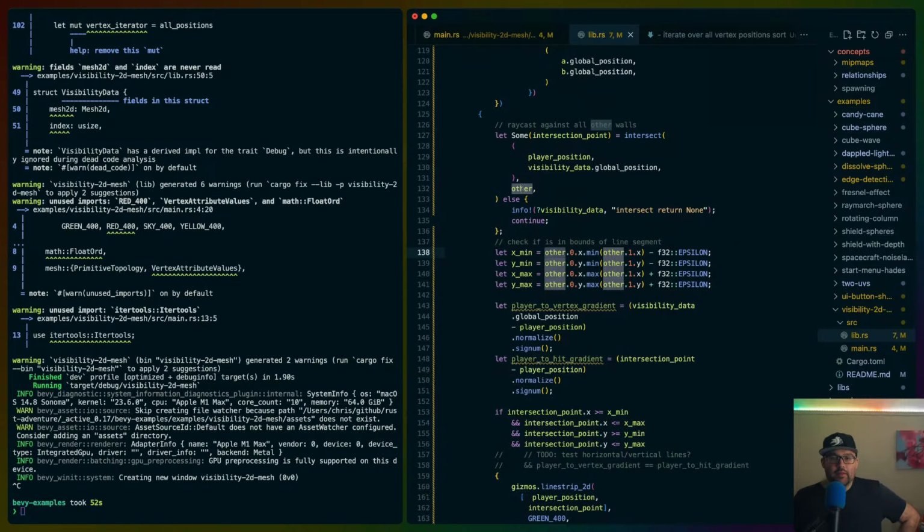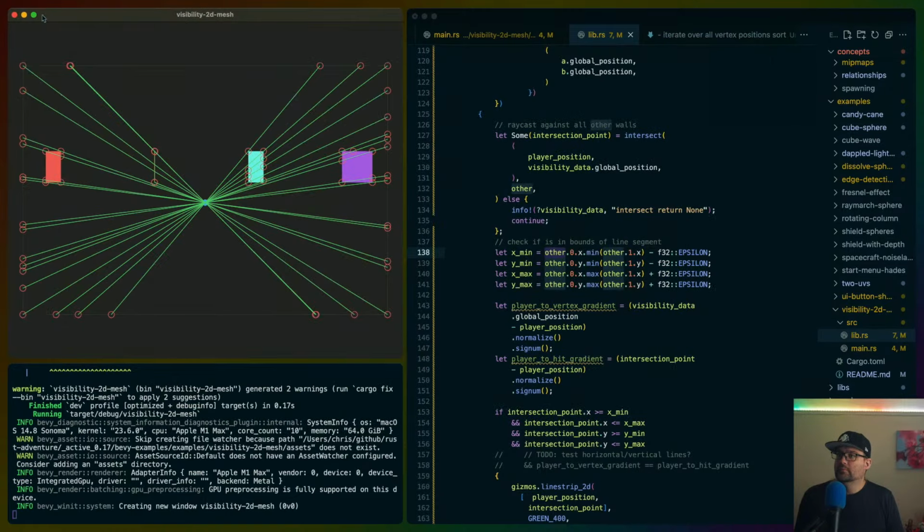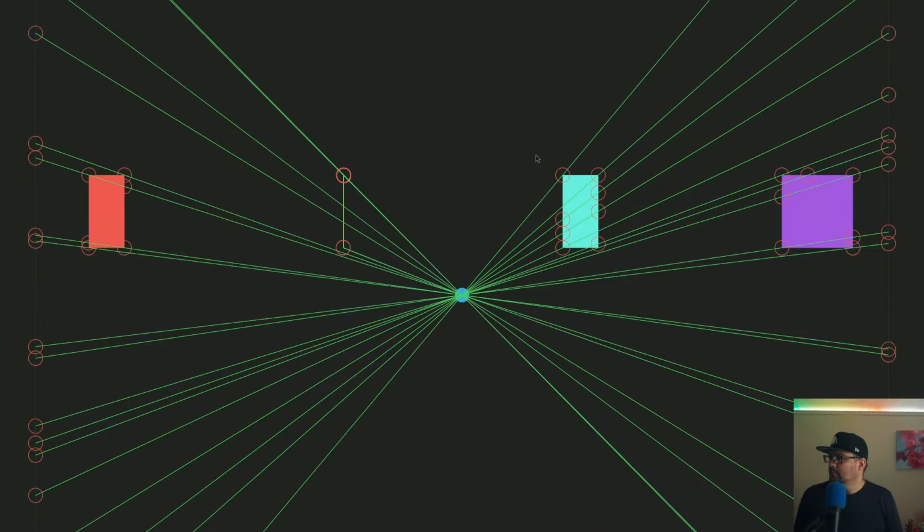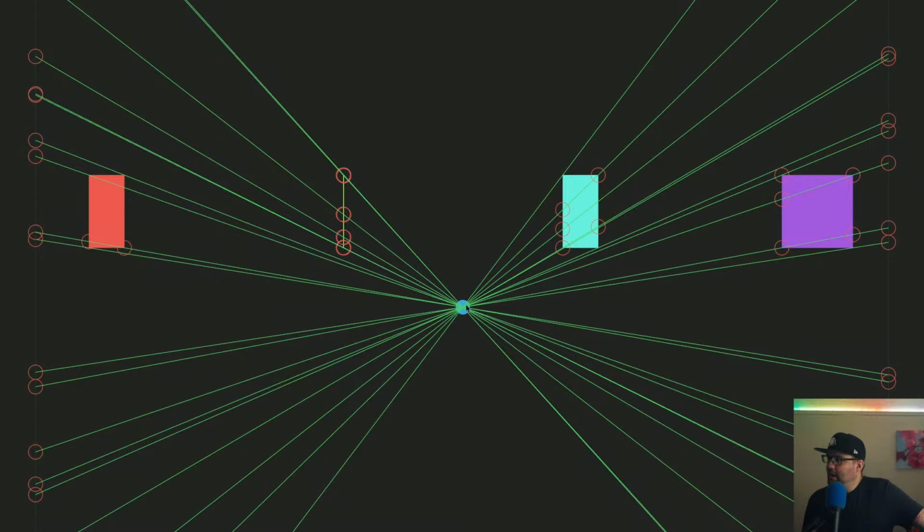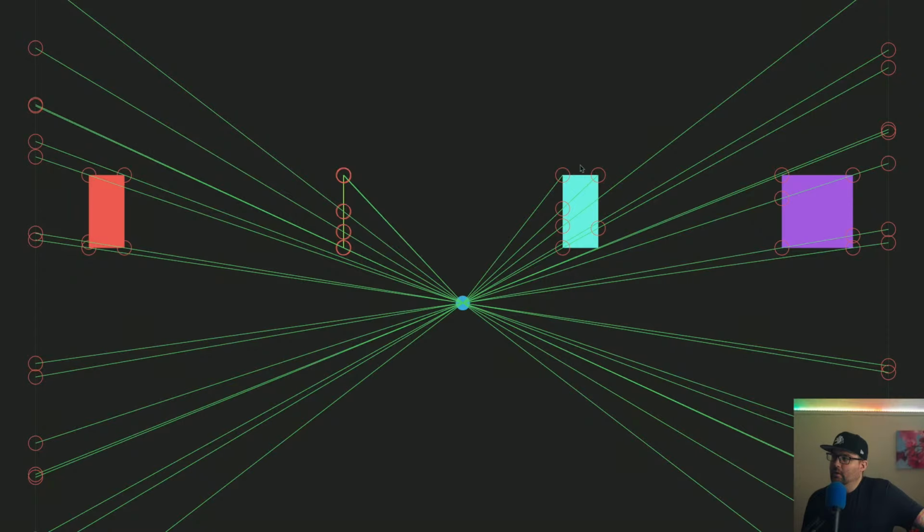Everybody in chat that has said there are disappearing lines is accurate. It would be cool. I don't think I can thicken the lines. Unfortunately, I think this is all we get for gizmos. But if I set this up correctly, it will happen. There. Right here on the top left of the cyan rectangle, there is a line that comes out of the player and goes into the top left corner and then stops.